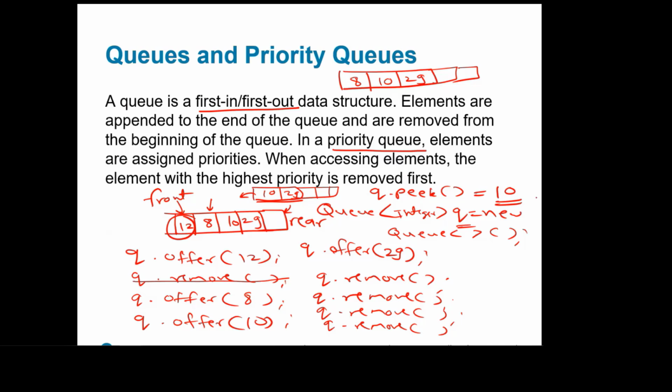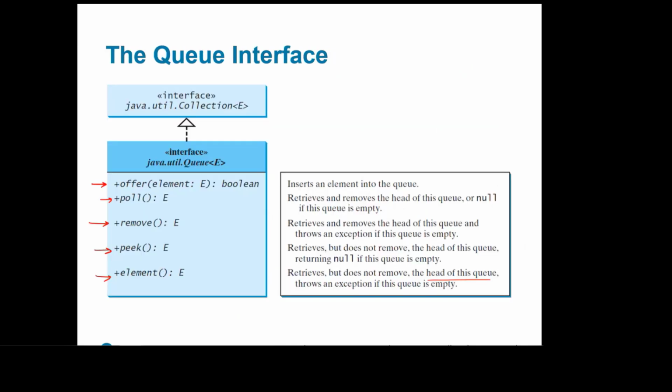It will not delete, it will just tell us. So sometimes we want to check if we really want to delete that value or not. So we can run queue.peek and then check, okay, this is the value at the front. Depending upon whether you want to delete it or not, we will use the queue.remove method.